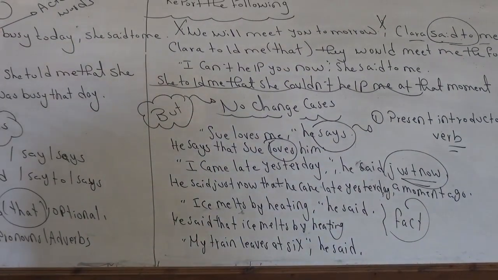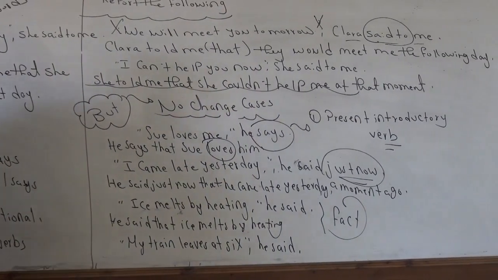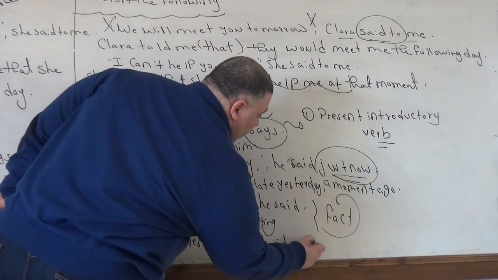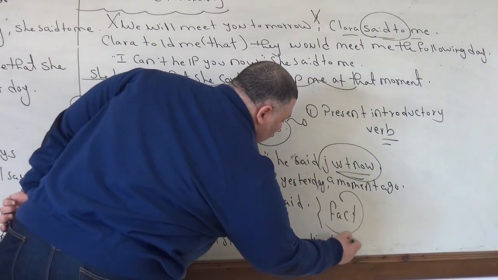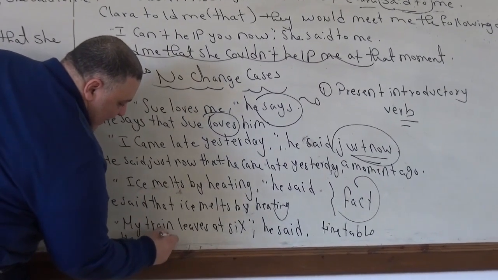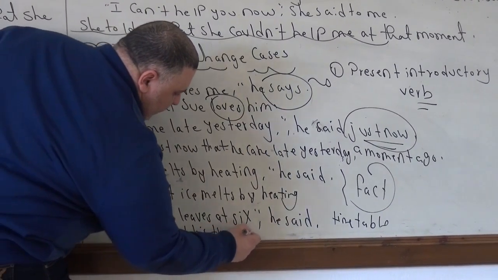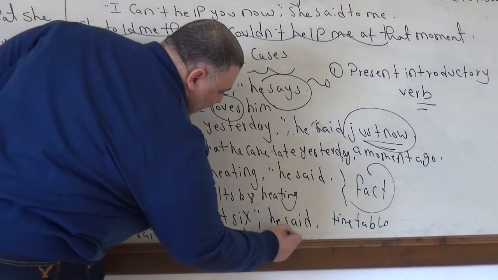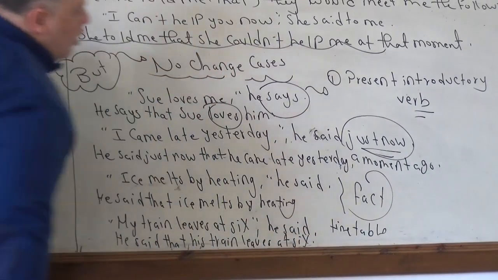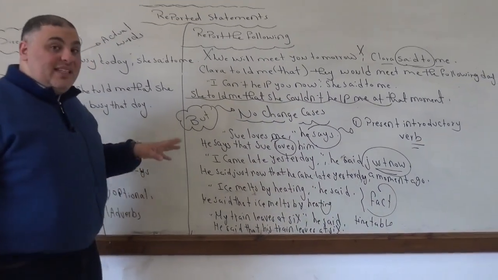And finally, we do not change when we talk about a timetable. My train leaves at 6, right? So this is what we call a timetable. And the sentence is going to change into, he said that his train leaves at 6.